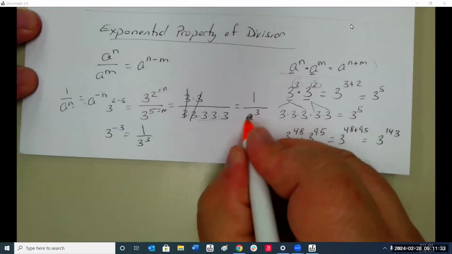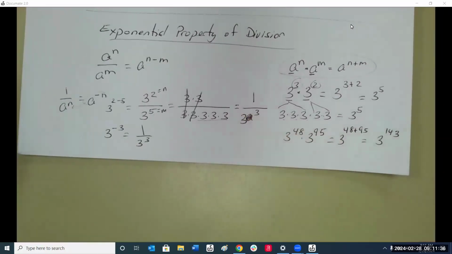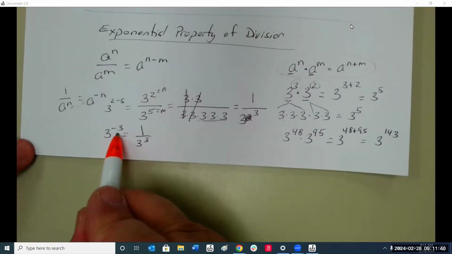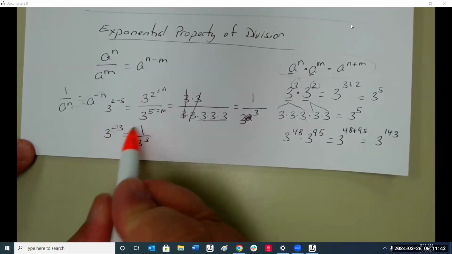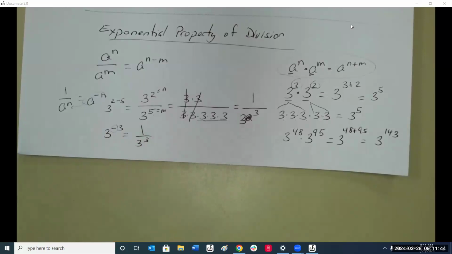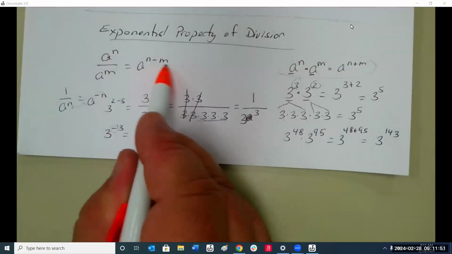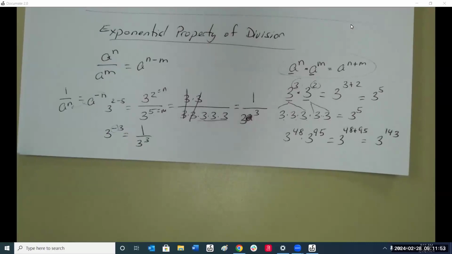I'm sorry, it should be 3. It's the base 3. So this shows us that the negative exponent simply means flip it across the dividing line and change the negative sign. And it also shows us that division is the same thing as subtraction when it comes to exponents, because we're canceling things.